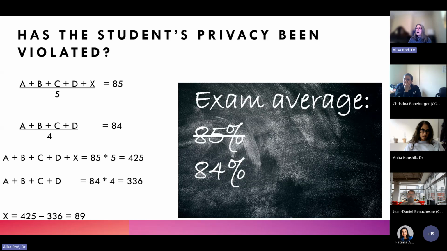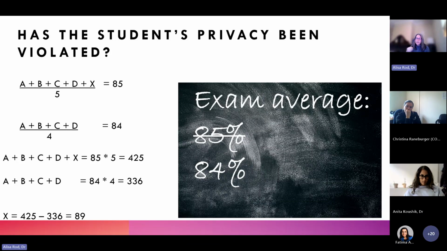So with some very simple algebra, we can figure out that the score of the student who left was an 89. So even though the teacher only put up aggregate statistics, because we've removed some people, we can then, with that remaining information, deduce what the person's score was.